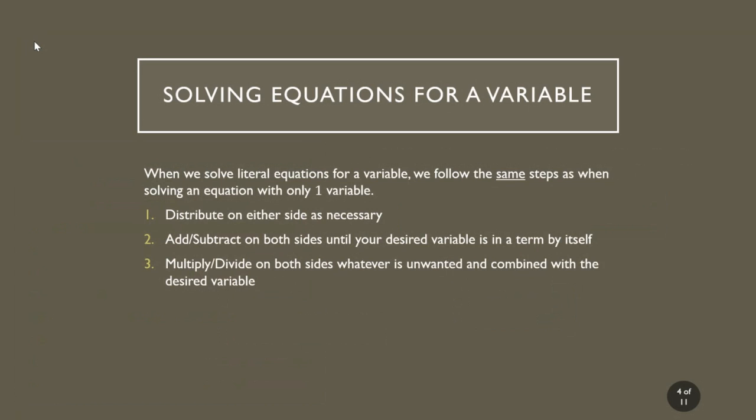Once you've simplified both sides, you add or subtract things until your variable is isolated, with everything with your variable by itself on one side. Then you divide or multiply so that whatever is combined with or multiplied by the variable you can get rid of. So it's the same steps that you've been doing. It's just now we're doing it with letters, which are just representing numbers. So it's a little more abstract.